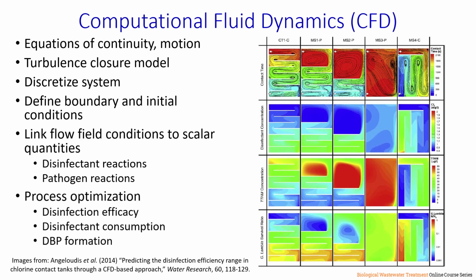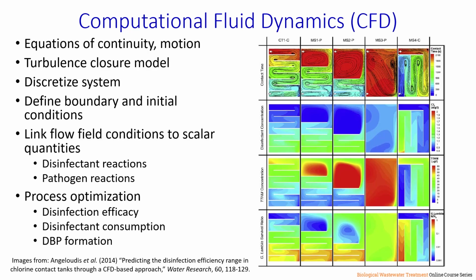These models have been demonstrated to provide accurate simulations of process behavior, and because of that, they can be used for process optimization. It's much easier to conduct a simulation on a computer than to build a physical prototype. Oftentimes, these optimization strategies involve comparisons of disinfection efficacy, disinfectant consumption, and disinfection byproduct formation.